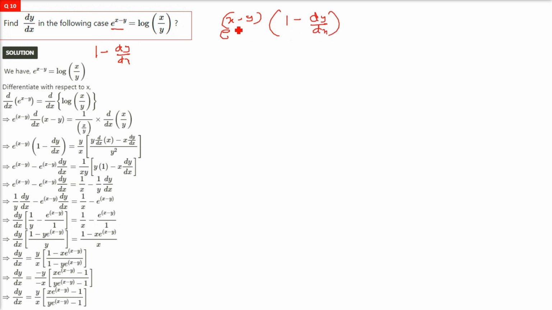On the right hand side, it is log x by y. So log is 1 by that content. That is 1 by x by y. So y will go up. This goes y by x.